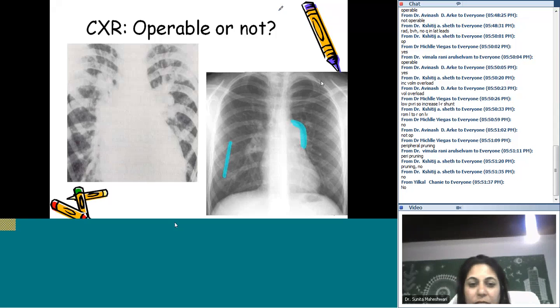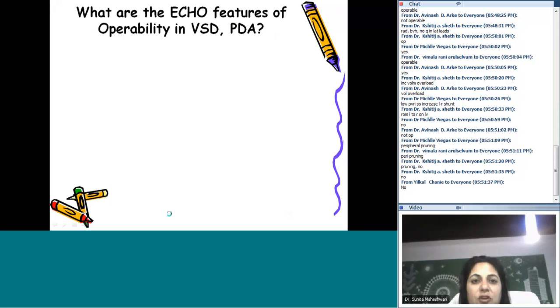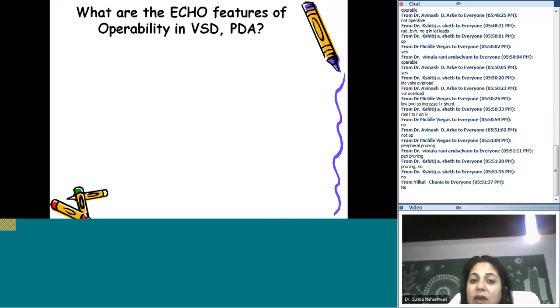So now we move to your next, which is your echo. So what are the echo features of operability in a VSD and a PDA? Let's start with the VSD and put all the echo features in one row, not one by one. If I were to ask you this question in an exam, what are the features of operability in a large VSD? What would you start with?